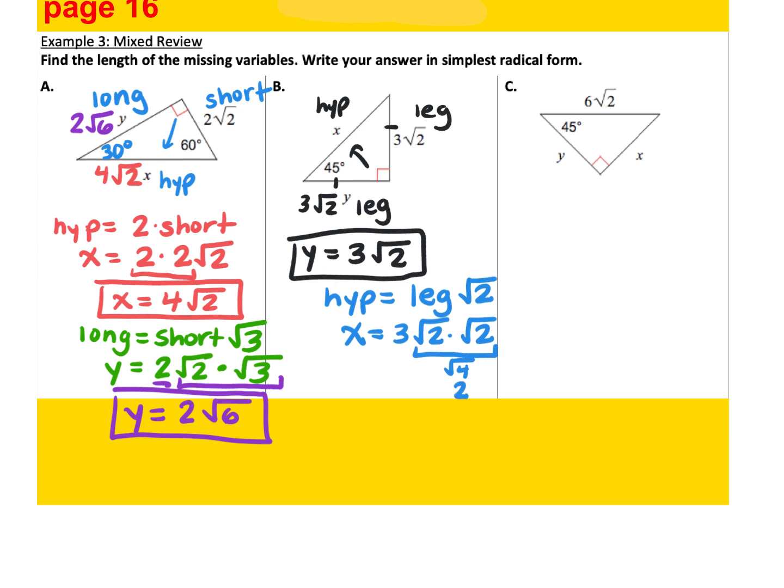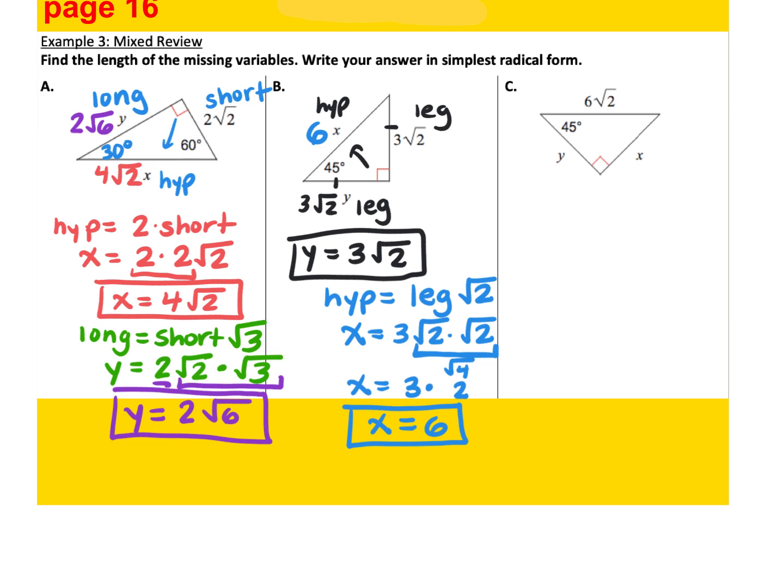That's just 2. So I actually have x equals 3 times 2. A root times itself, remember, the root just goes away. Root 2 times root 2 is just 2. And 3 times 2 is 6. So the hypotenuse, x, is equal to 6. You could also type 3 root 2 times root 2 into your calculator, and it would give you the 6.